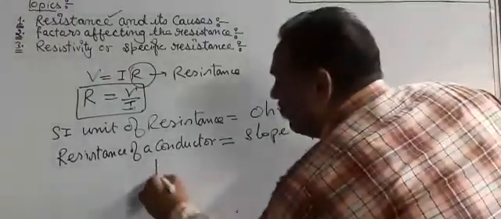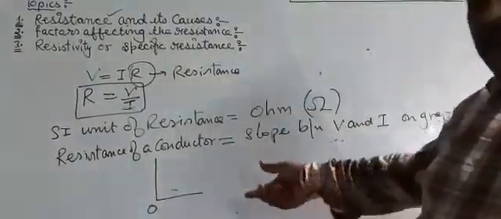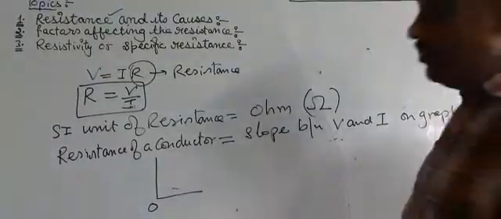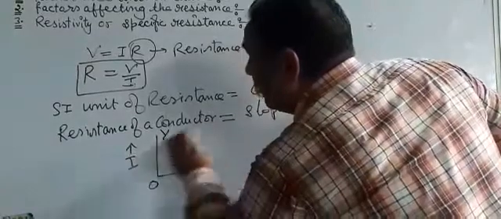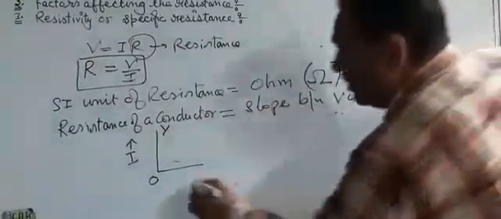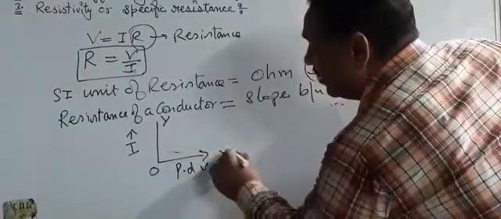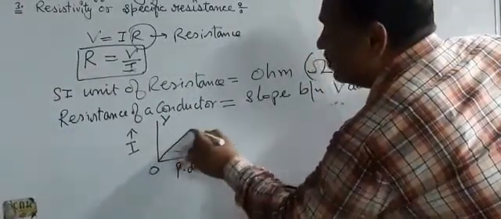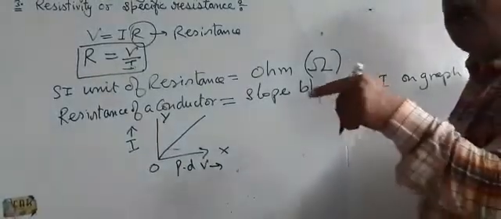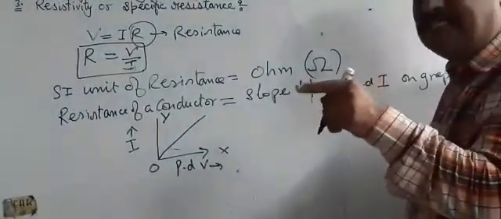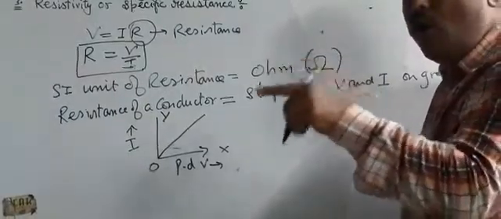The graph we have already drawn and explained in the last video: current I is taken on the y-axis and potential difference V is taken on the x-axis, and we will get a straight line because temperature remains constant. Only if the temperature remains constant does Ohm's law hold good.